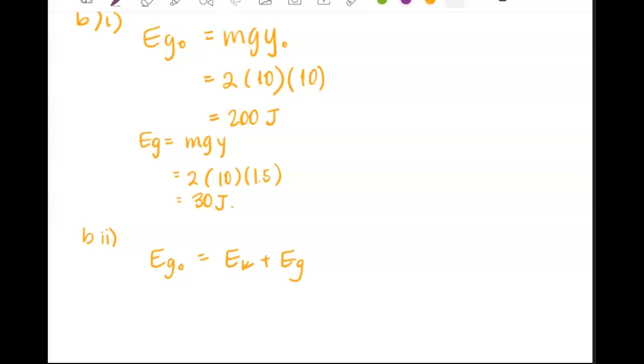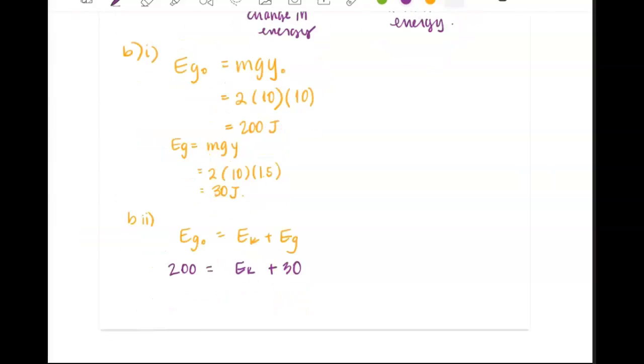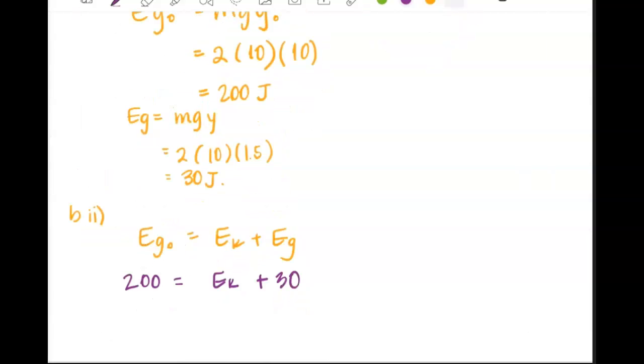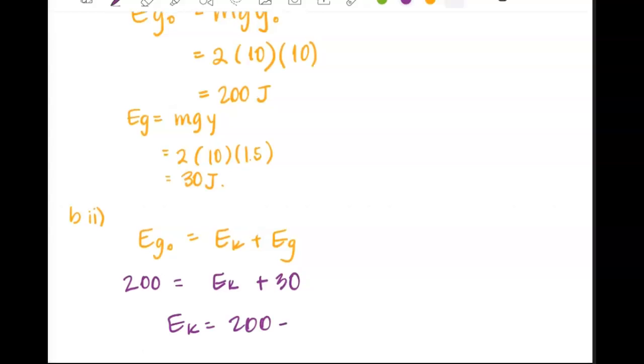We calculated this initial gravitational energy to be 200. The EK is what I'm looking for. Our final gravitational energy was 30. And so then our kinetic energy would be whatever 200 minus 30 is, which is 170. Again, joules is the unit for the energy.